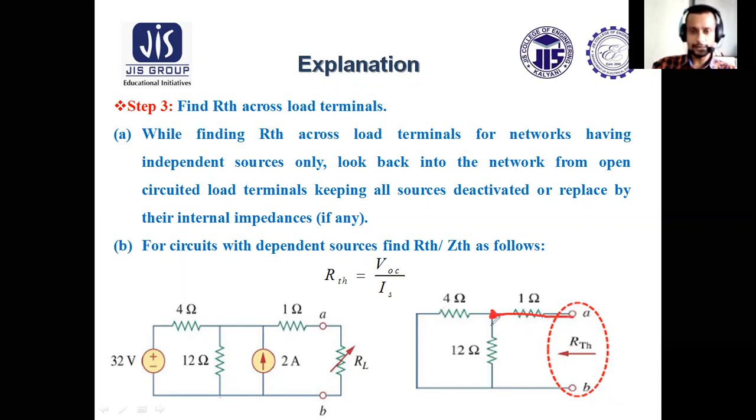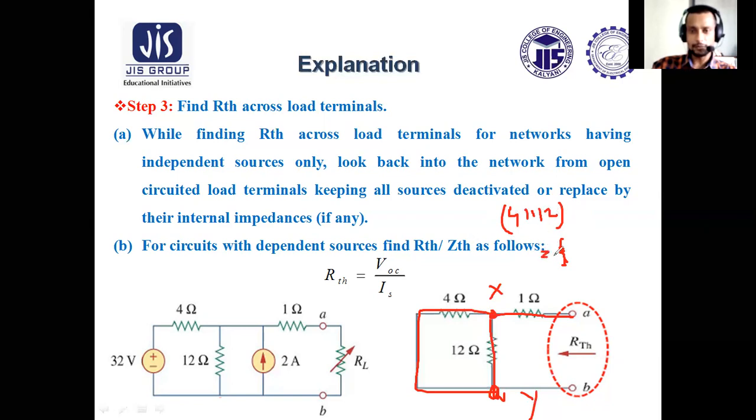When you come to this point, you will have two different paths to reach this point. Suppose this is point X, this is point Y. To reach Y from X, there is one 4 ohm, one 12 ohm. So 4 parallel 12. In between X and Y, 4 parallel 12 means 4 into 12, 48 by 16.